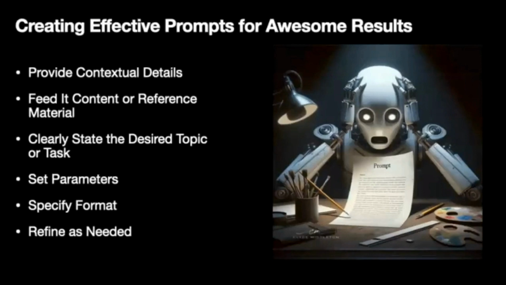And if we have to, we can refine it. We should look at these things as a conversation. ChatGPT, as you're moving along through the conversation, remembers what was said before. You don't have to go back and repeat everything. You can say, okay, I want you to modify this section.